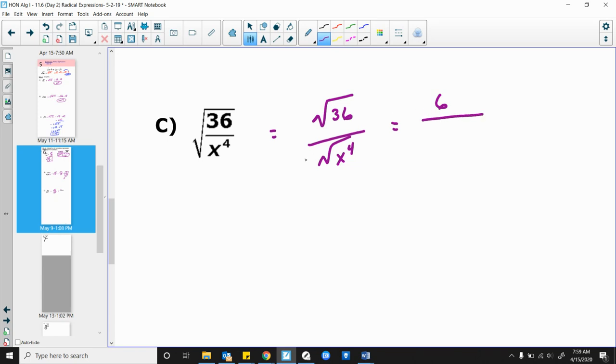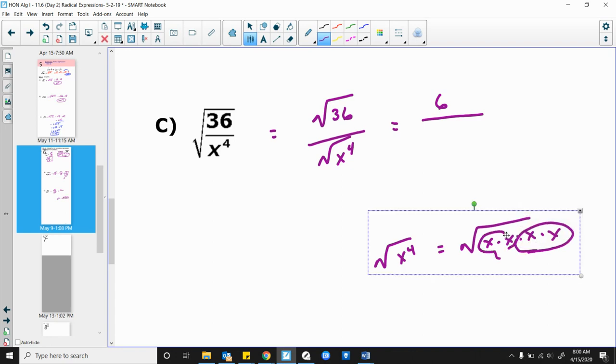And now we have square root of x to the 4th. Some of you might be past this part, but I want to show it. Square root of x to the 4th equals the square root of x times x times x times x. So if I circle these two and I circle those two, we're going to bring those outside in pairs of 1.